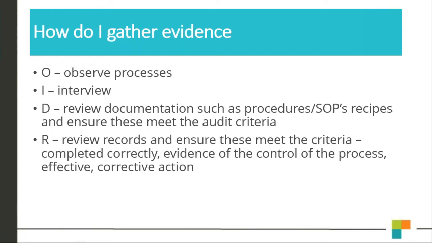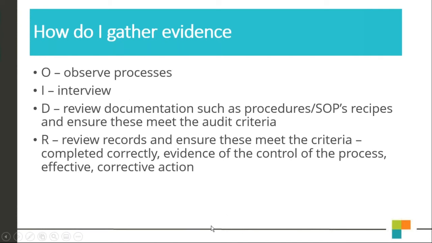So a cleaning procedure should result in a cleaning record. So I can then look at the cleaning records that should show that the bowl cutter is cleaned every day or after every batch to confirm that we're doing it in the correct way. But I won't only use the records. I will use that in combination with observing and with interviewing.